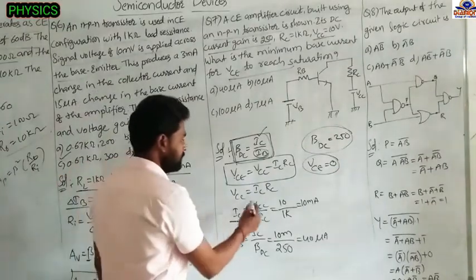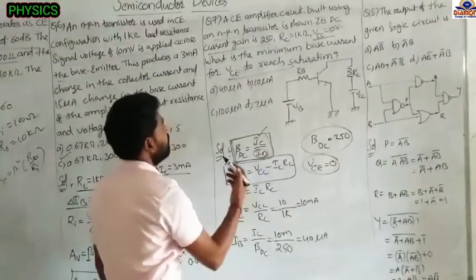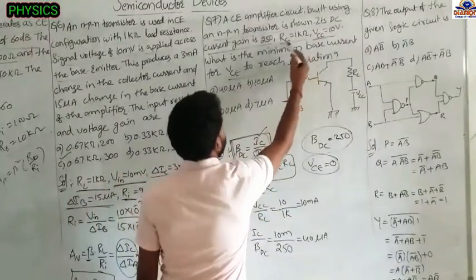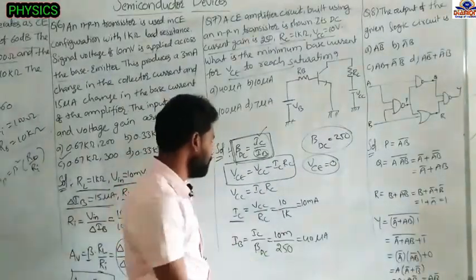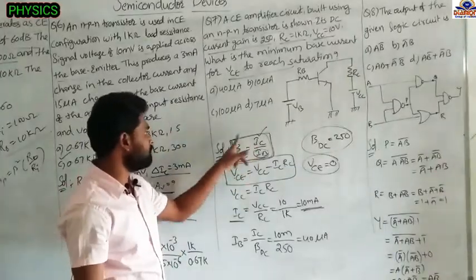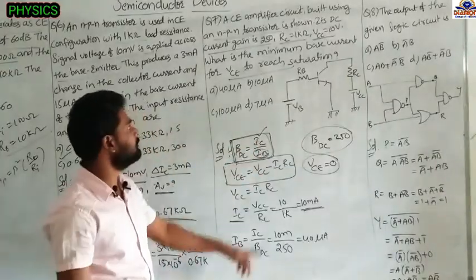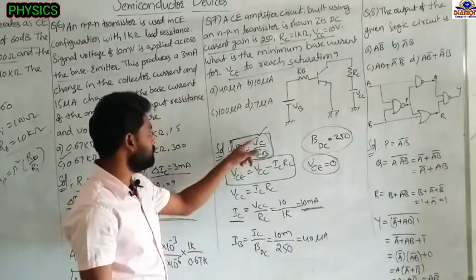IC equals VCC by RC. The VCC value given is 10 volts, divided by the RC value of 1 kilo ohm. Simplify and we will get 10 milliamperes. Now substitute in this formula to get the IB value, since they are asking for the base current. So base current IB equals IC by beta.